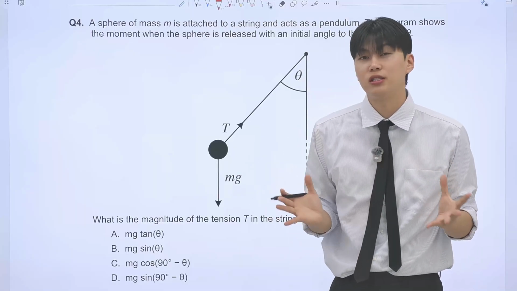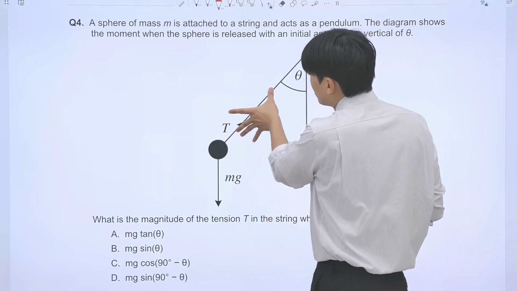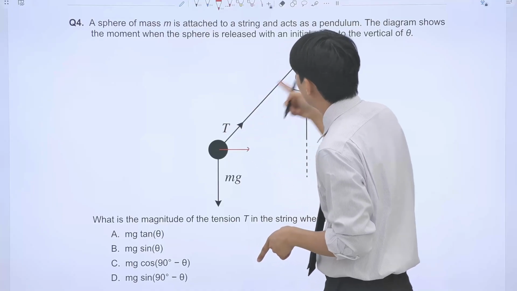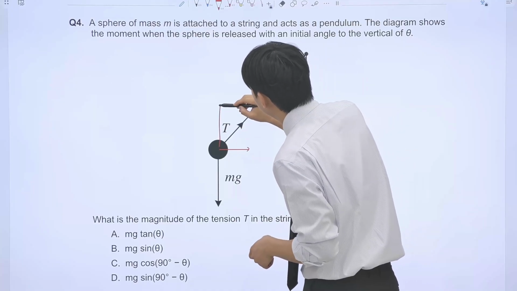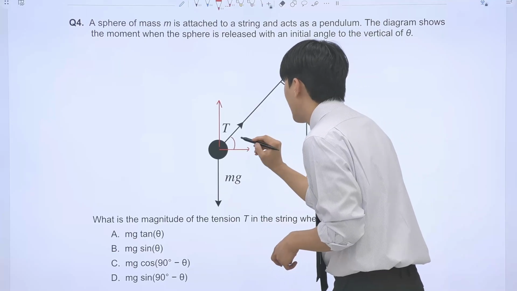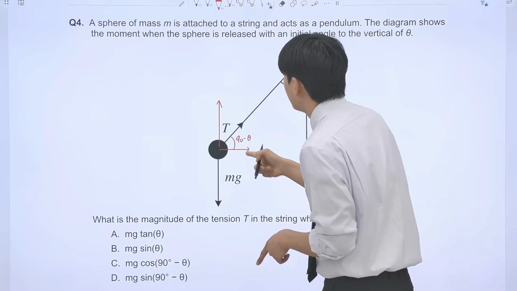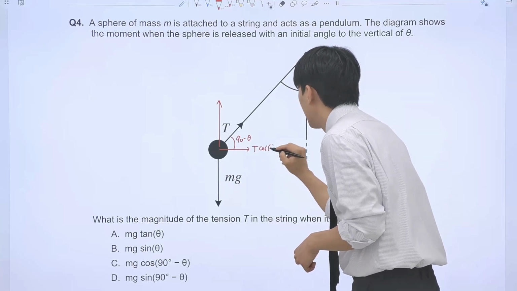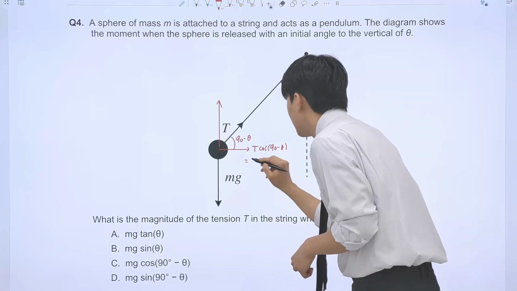What is the problem when we try to resolve the tension? Let's say we resolve the tension from here to here. Because this is theta, that angle is 90 minus theta. So this component is T cosine (90 minus theta), which is just T sine theta.